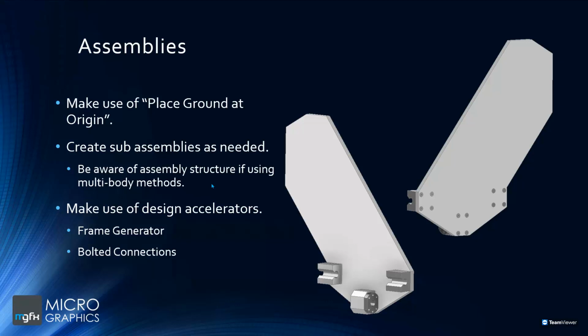And then in this case, we're creating subassemblies as needed. So we're making use of place grounded origin within a subassembly, in this case of this subassembly that's shown on screen. And if you're using multi-body components when processing out the solids into parts, just be aware of your assembly structure.